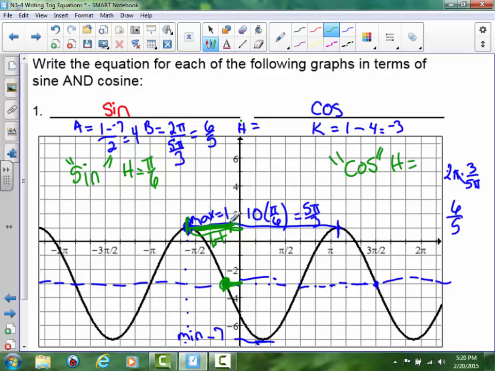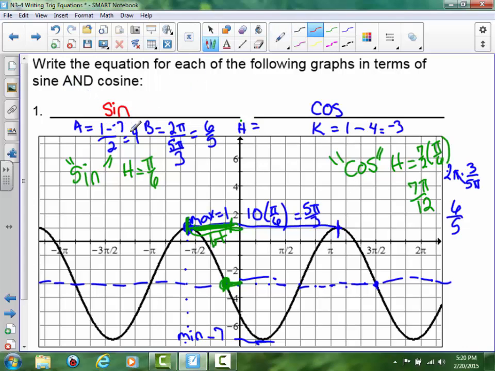So that's 1, 2, 3, 4, 5, 6, that's 7 halves. So that would be 7 halves pi over 6, because that's what my units are counting by. So that would be simply 7 pi over 12, okay, is my h value for cosine. So now I want to put that all together.